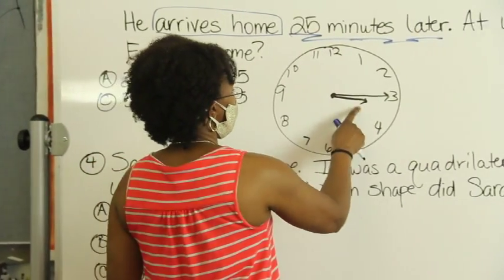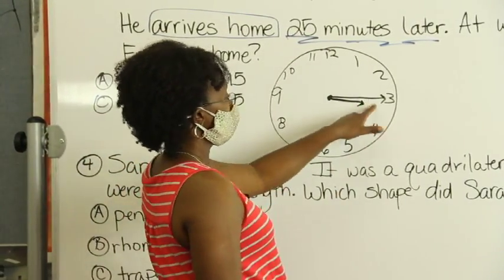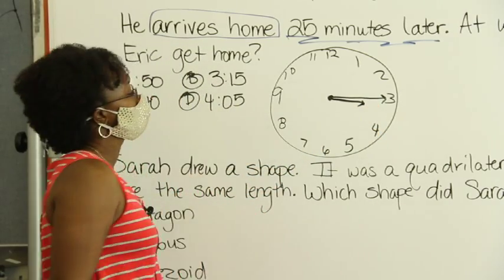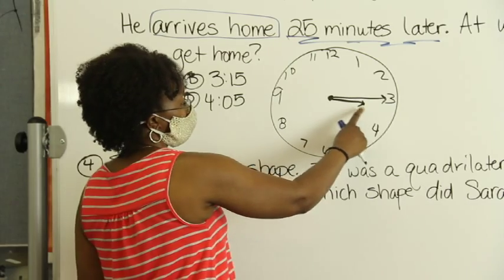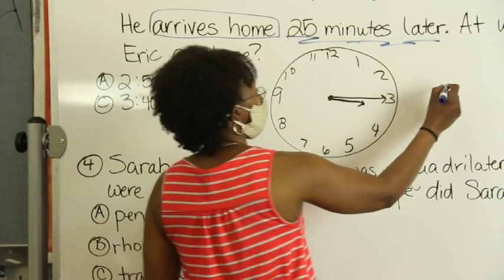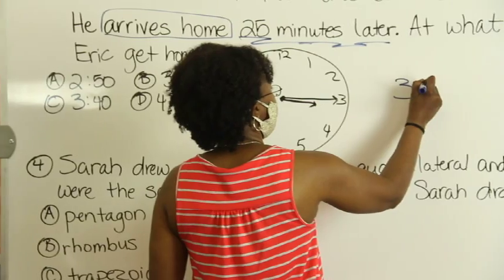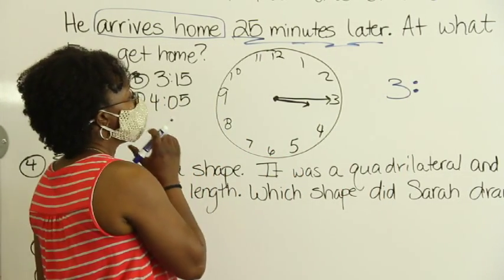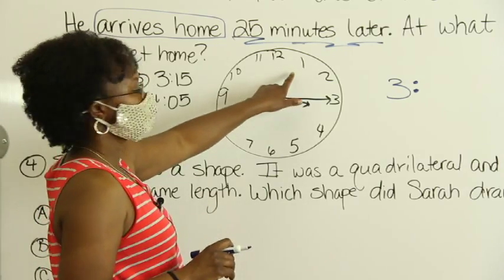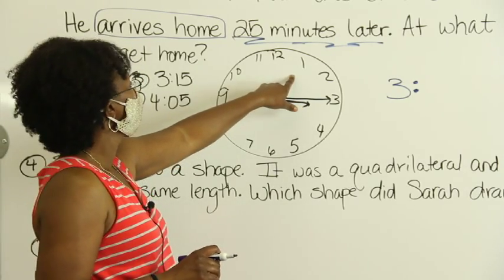So the little hand is the hour hand, and the long one is the minute hand. So what hour is this? This is going to be 3, the third hour, and how many minutes? So each number is worth 5 minutes.